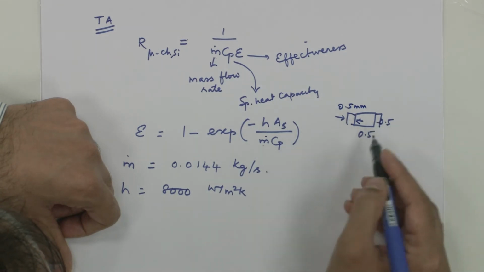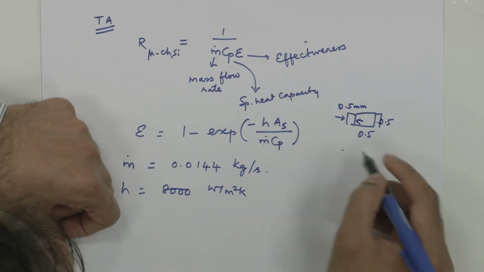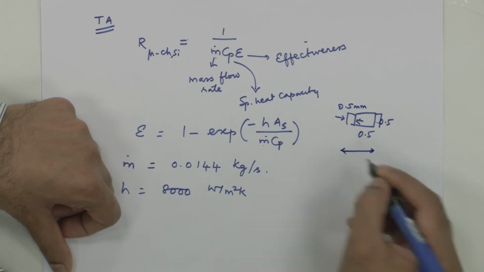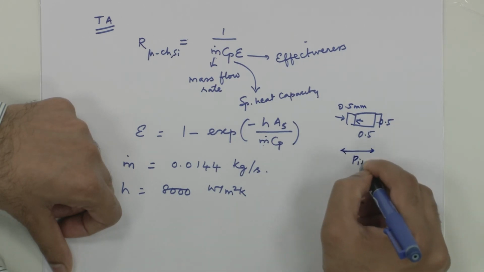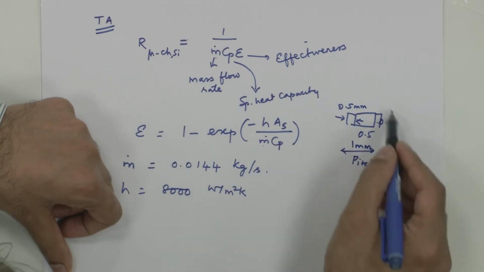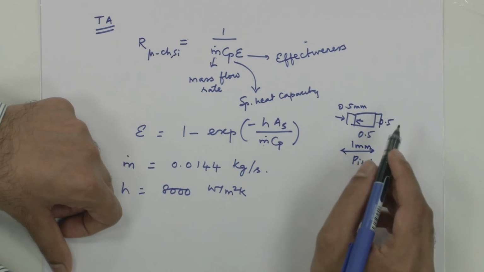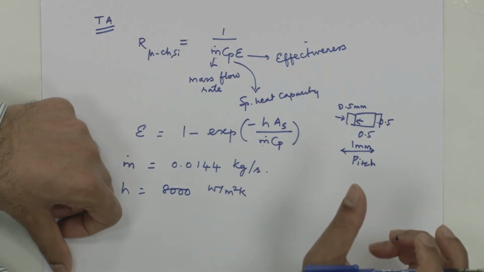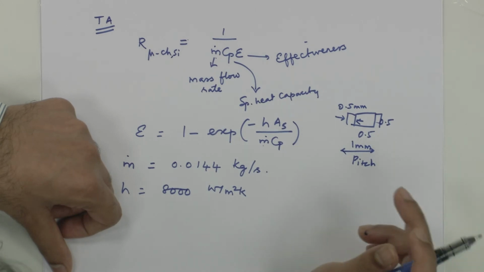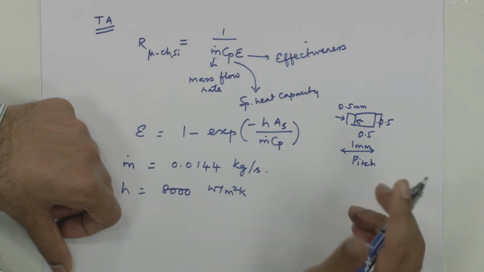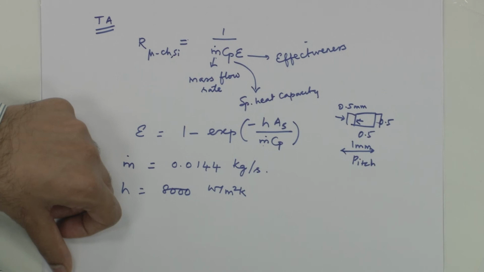So the overall pitch is 1 mm. Because we know the overall width, which is 30 mm, from this we can estimate the number of microchannels we can integrate into this device, and with that we can calculate the surface area.